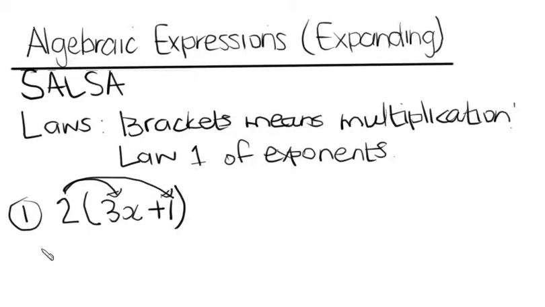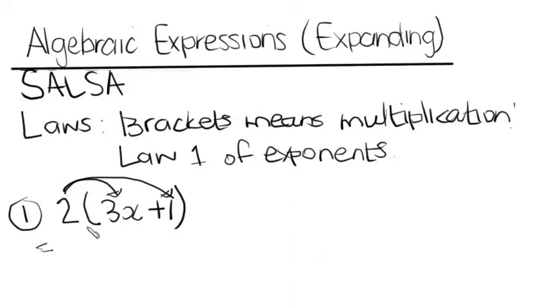So I would have 2 multiplied by 3x. Because we do not have a variable x in front, we cannot use law 1 of exponents, where we would add our exponents with one another. So we are only multiplying the numbers with one another, and x would remain just x.